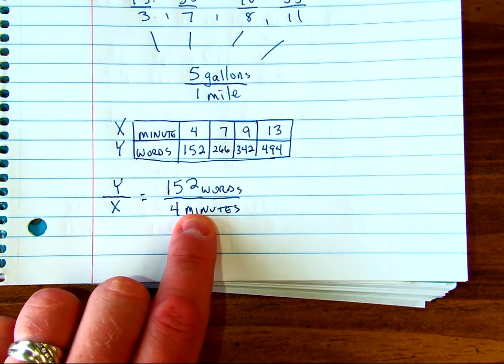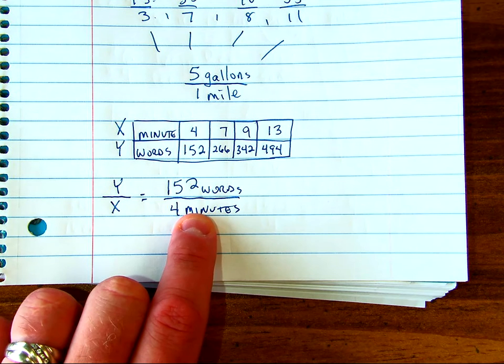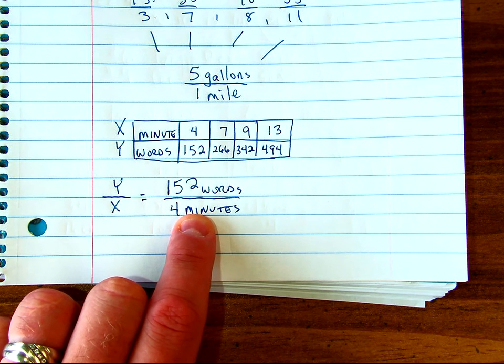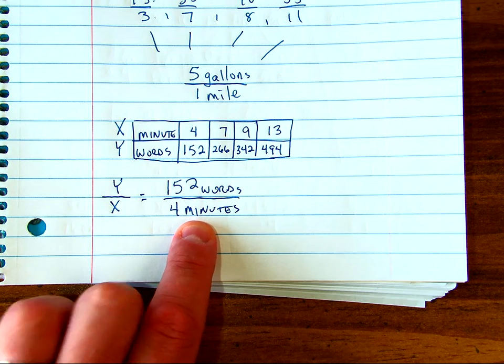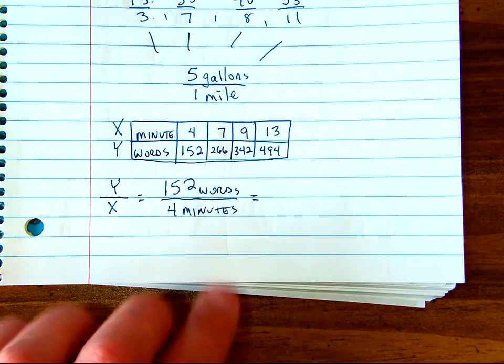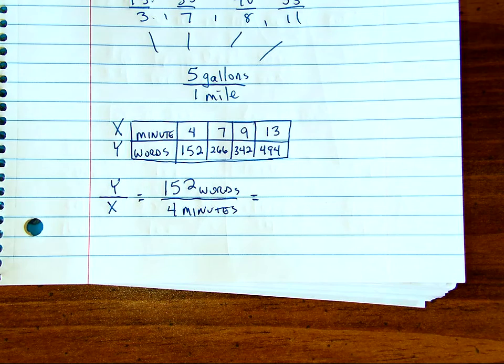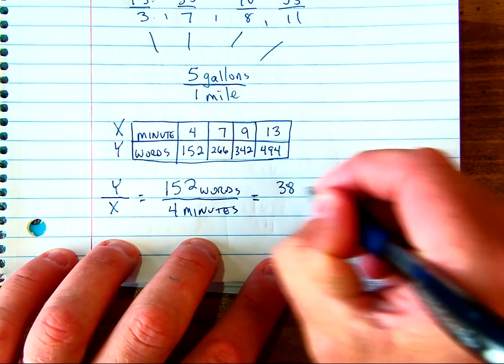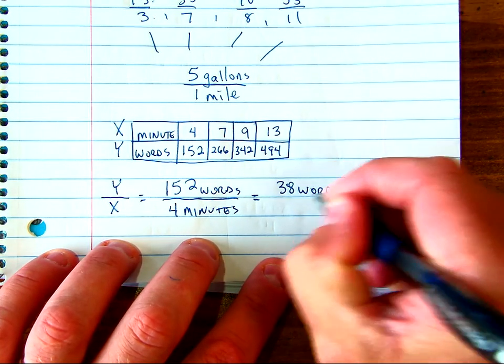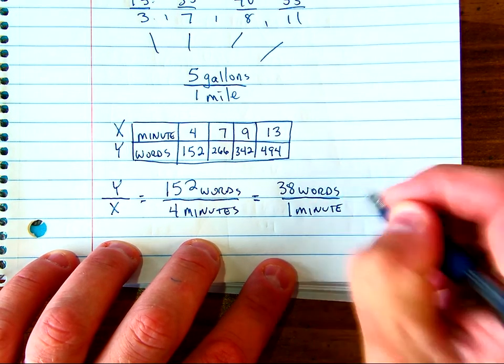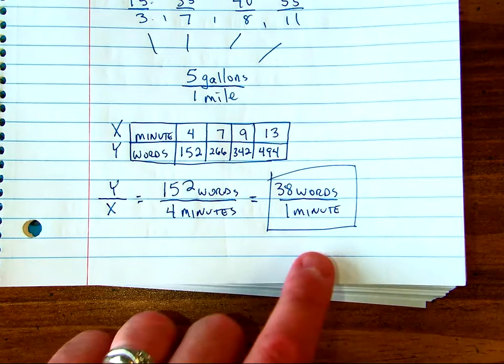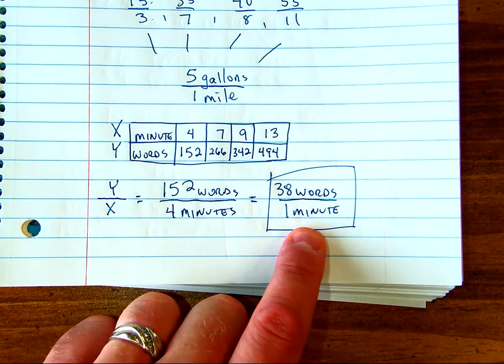Is this a rate? Yes. Is this a unit rate? No. So, Nicole, what's your unit rate? Is this a rate? Yes. Is this a ratio? Yes. Is this a unit rate? Yes.